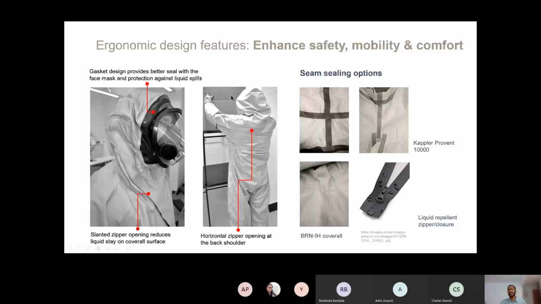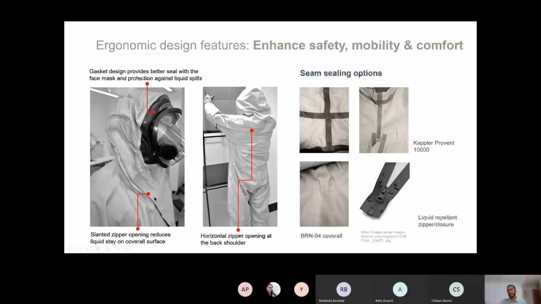So in order to overcome that issue, we tried to give a horizontal, a diagonal front opening. The idea is that if there were liquid droplets that fall on the coverall, they trickle down rather than entering the coverall through the front opening.